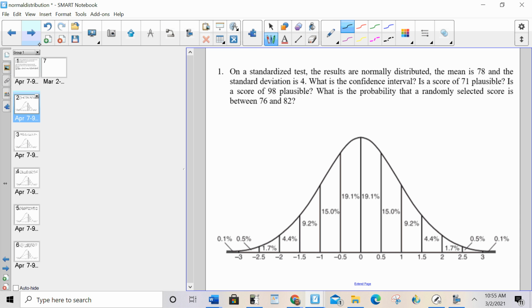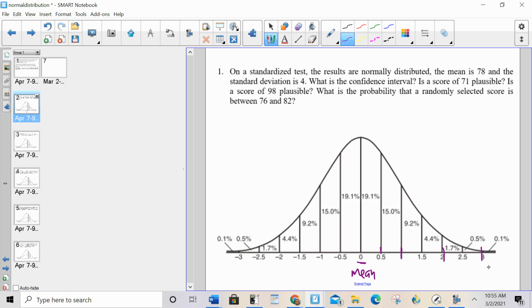This that you see below is the normal distribution curve. If data is normally distributed, it will follow this curve and follow those percents. So what you see on the bottom, these are the standard deviations away from the mean. The mean is always at 0, and this is a half a standard deviation above, 1 standard deviation above, 2 standard deviations above, 3 standard deviations above.